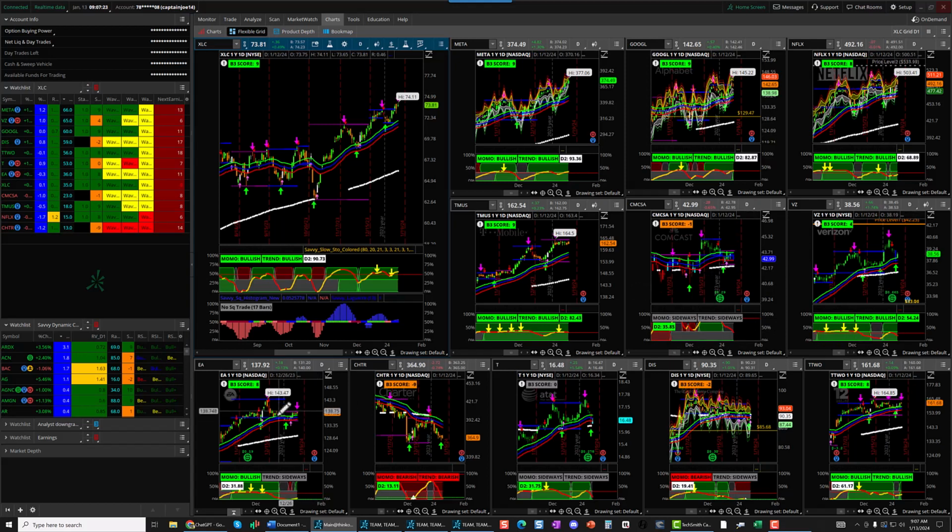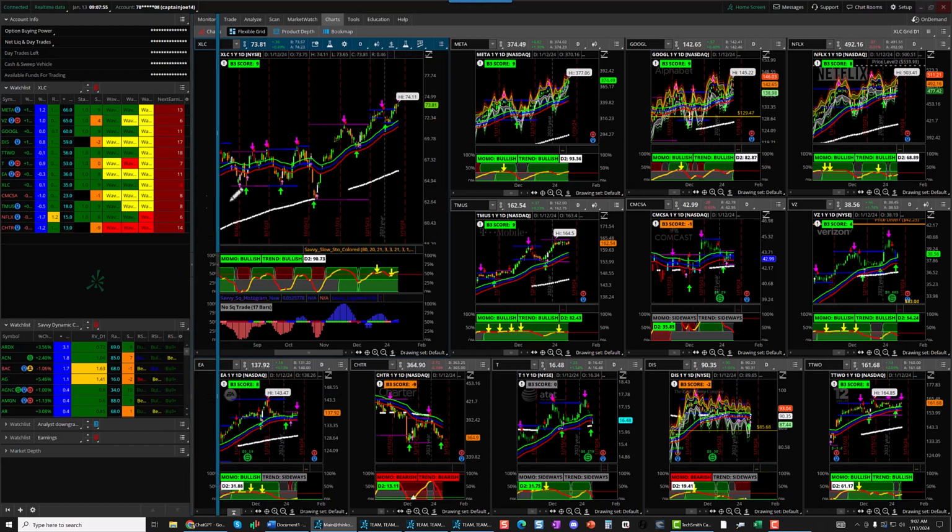VZ, EA, neutral trend, bearish trend in Charter, T-Mobile, neutral in Disney, and TTWO is bullish. So I can just look and see I have green, green, green, green, double green, and out of all 10, I have 6.5 that look good, half being the sideways trend and momentum still being bullish.